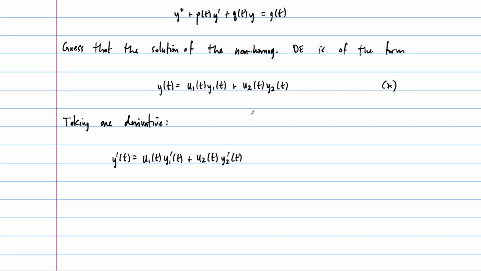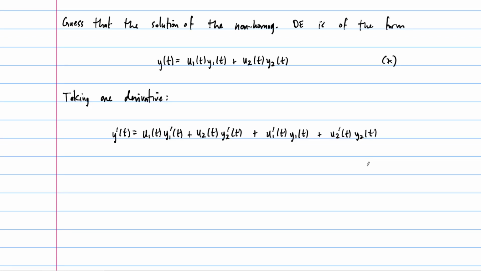But of course that's not the whole derivative, because these derivatives have to also hit the u functions, right? So after this I'll go through and hit the u functions. So then it's going to be u1 prime of t times y1 of t plus u2 prime of t times y2 of t. All right, and the reason that I've separated it out this way is because now one of our criteria in our solution is going to be, we're looking for these functions u, right?